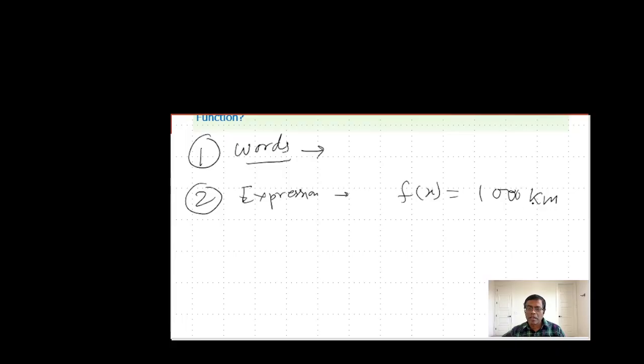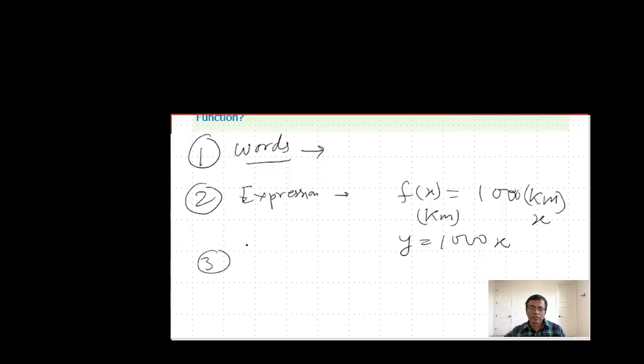For every kilometer, whether you call it x or write kilometer, this is a function of finding meters, by multiplying 1000 with kilometers, which gives me meters. So that's a function of finding meters. There are different ways of representing this. We can write 1000 times x.